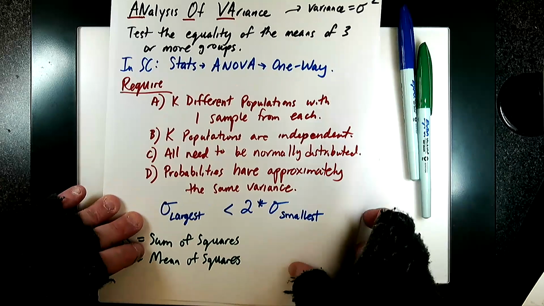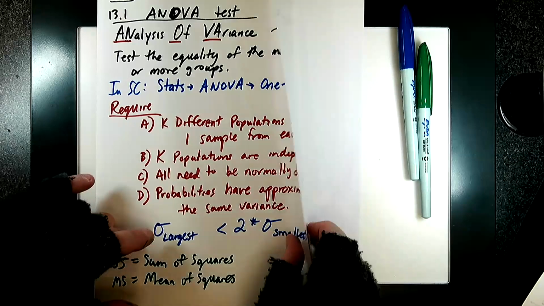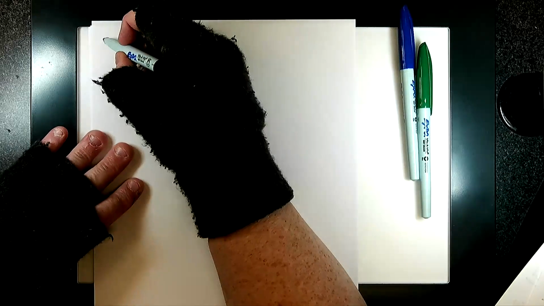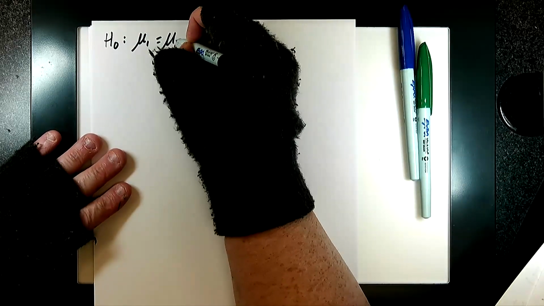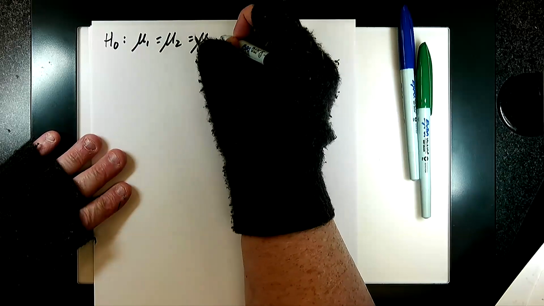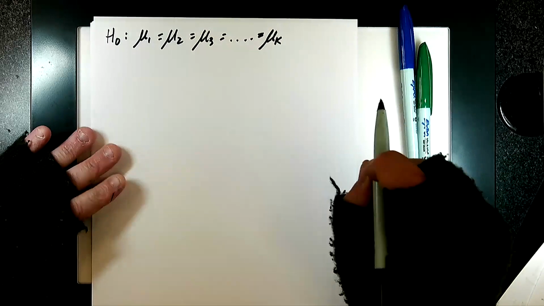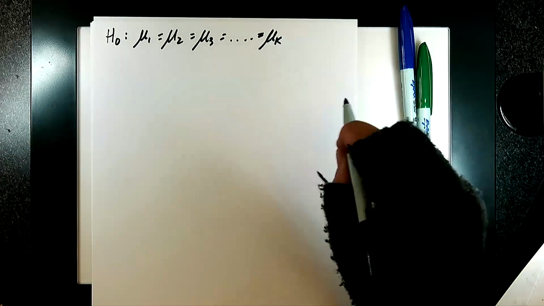If all that is true, everyone looks ready. What's my H naught and HA? H naught is mu1 equals mu2 equals mu3, which equals up to the kth group. However, there may only be 3 groups, so k would be 3, and we wouldn't have anything past mu3.